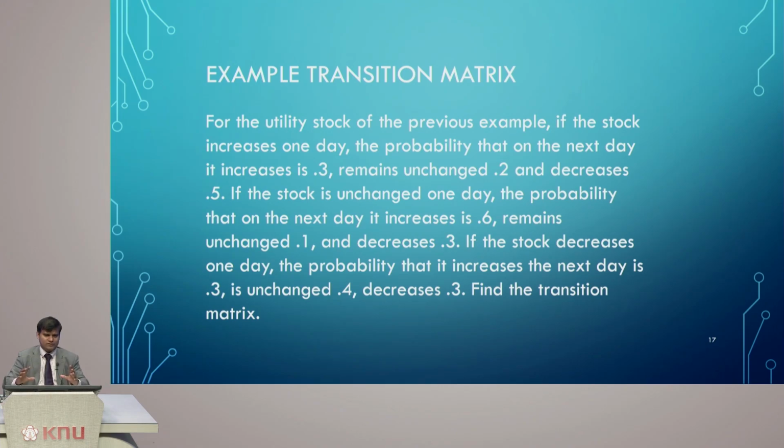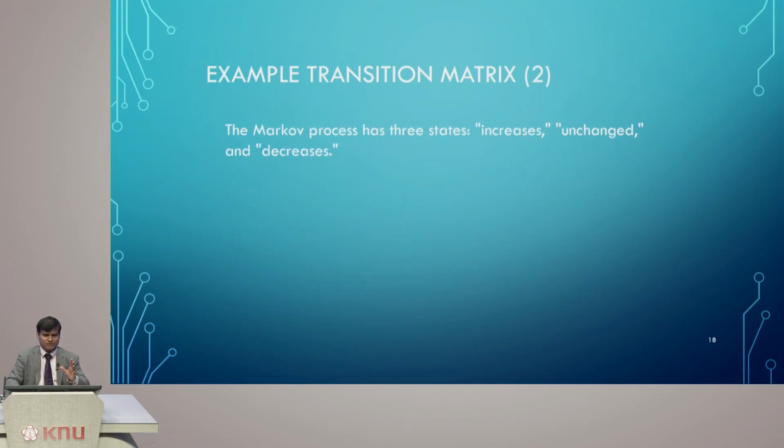Based on the given data, let us try to build up this transition matrix. Can you quickly recall what was given to us? Let us see pictorially what is given to us first. We are given 3 states: increase, decrease, and unchanged.